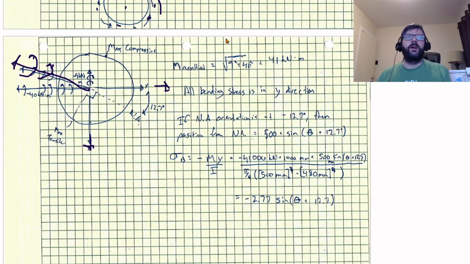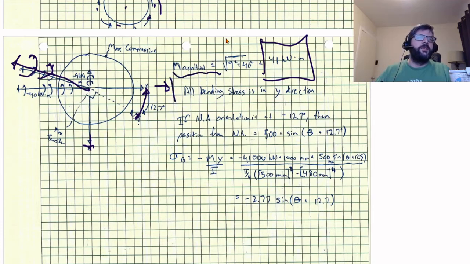The magnitude of that resultant is 41 kilonewton meters, the square root of 9 squared plus 40 squared, and the angle between the x-axis and the neutral axis is 12.7 degrees. It's just inverse tan of 9 over 40, or -9 over -40, that gives us that angle.